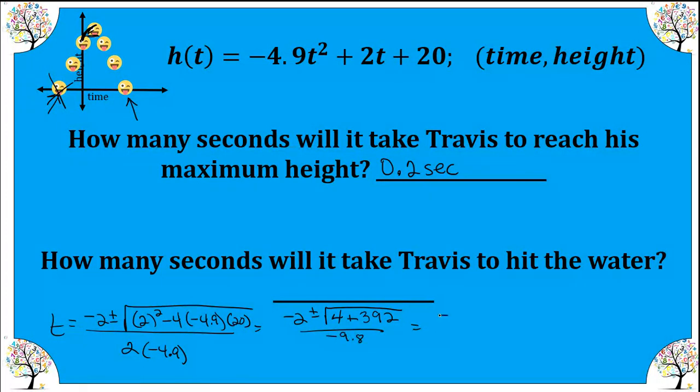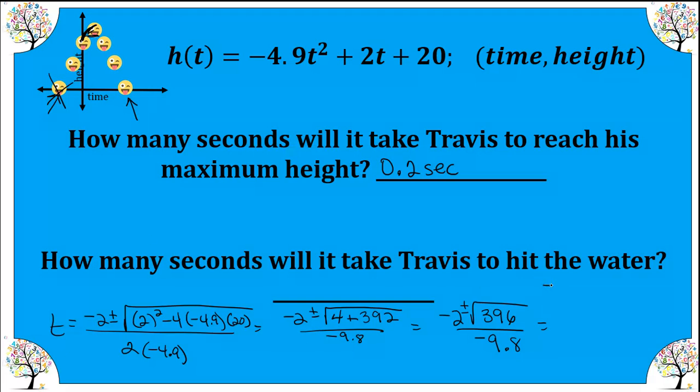We have negative 2 plus or minus, don't forget that, and then when we add those together, we get 396 over negative 9.8. So we're going to have the square root of 396, and we're going to round, it's 19.8997 and so forth. So I'm going to say 19.9.